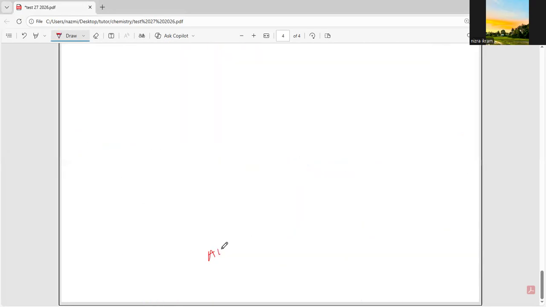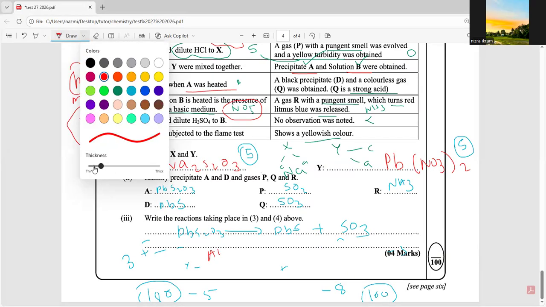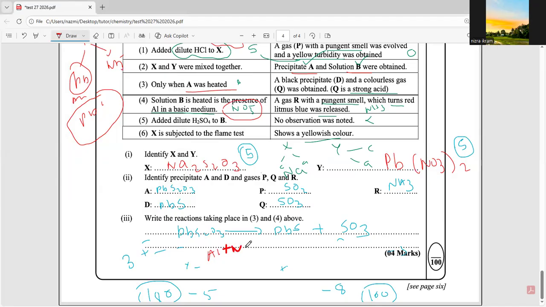So aluminium is reacting with NO3 minus and giving AlO2 minus and ammonia. So here 0 plus 3. 3 times 8 here, here 5, here 8 and 5. Okay. Then here we have minus 5 charge, here minus 8 charge.